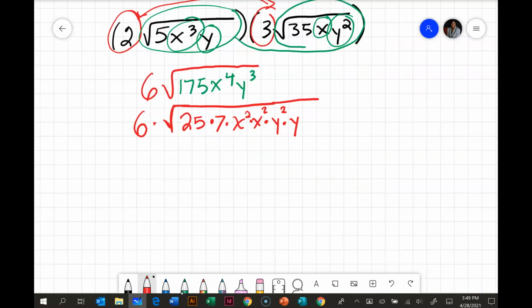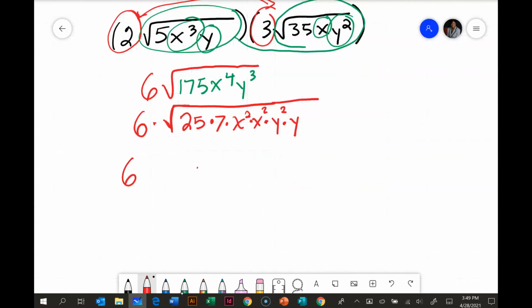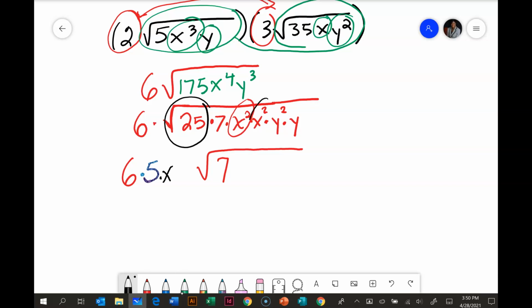and then give yourself some space because we're going to take some things out of this radical. Let's look at this square root of 25. All right, so square root of 25 is 5. We're going to take that out. Okay, but the 7 stays under because we already broke down that 175. There is no perfect square in 7. The square root of x squared is x. The square root of x squared again is another x.